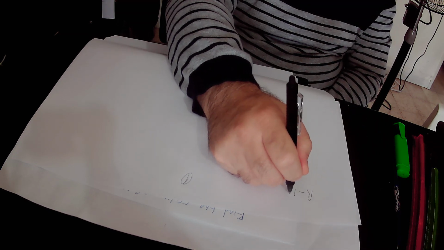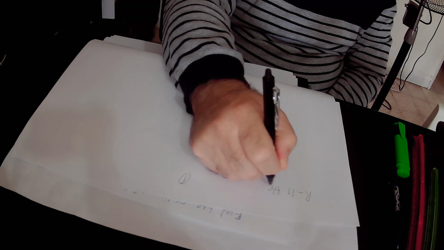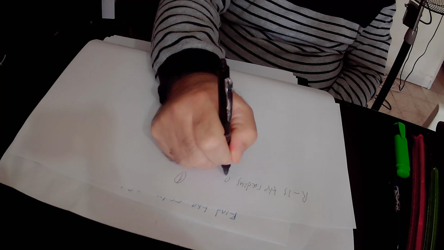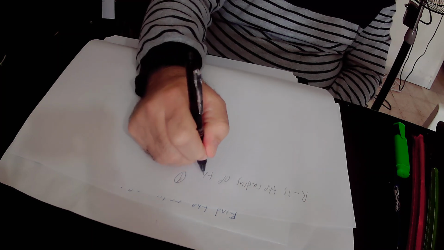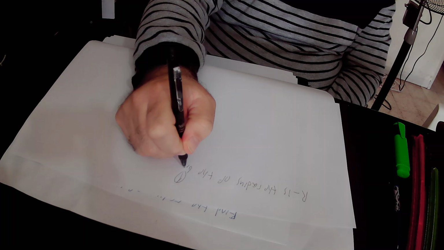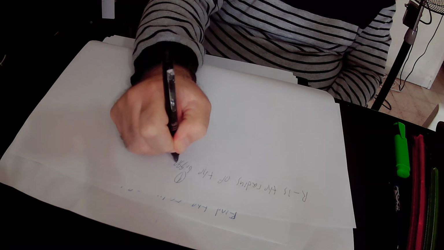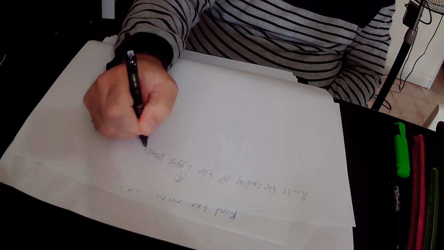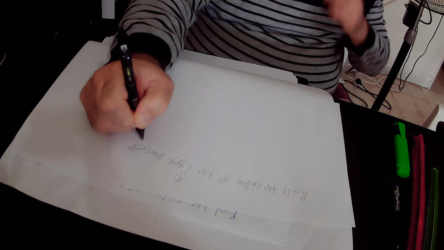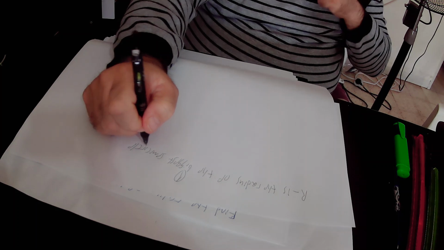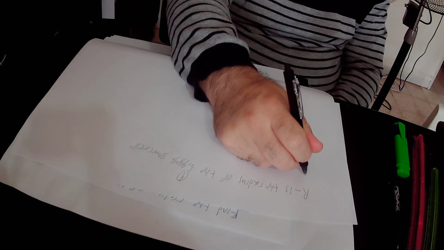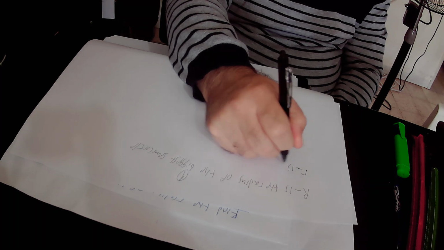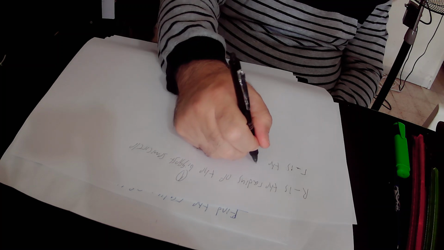Capital R is the radius of the biggest semicircle, and small r is the radius of the circle.